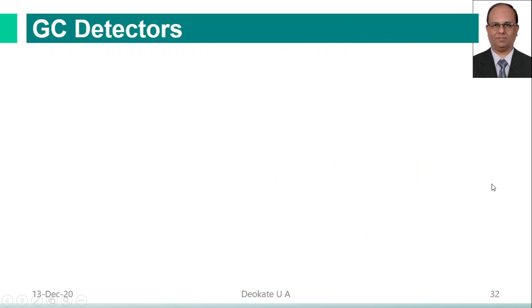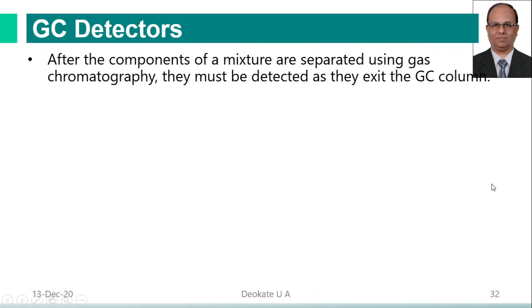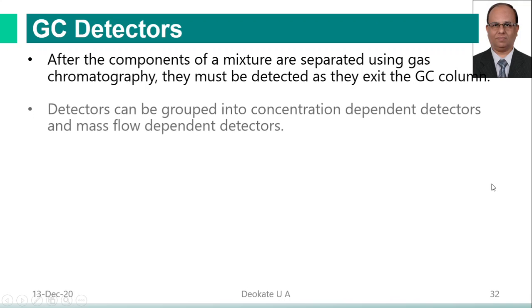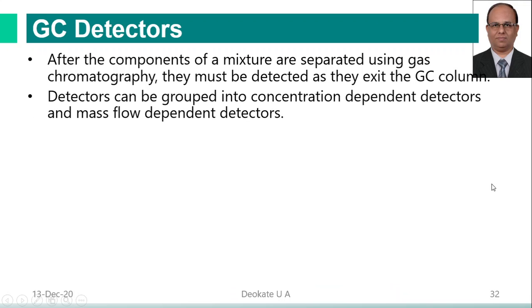The next component is a detector. After the components of the mixture are separated using gas chromatography, they must be detected as they exit the GC column. The detectors can be grouped into concentration dependent detectors and mass flow dependent detectors.